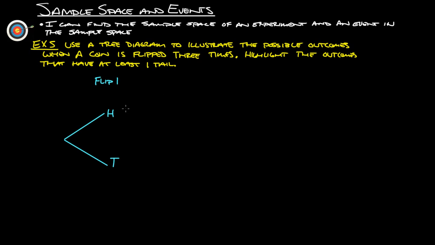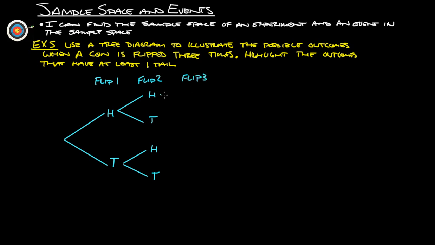Okay, so now if we flip heads on the first one, we have 2 possible outcomes for the second one, right? So this would be flip 2, and we could get heads again, or we could get tails, right? And then if we got tails on the first one, we flip again and we could get heads, or we could get tails. Okay, and then we've got flip 3.